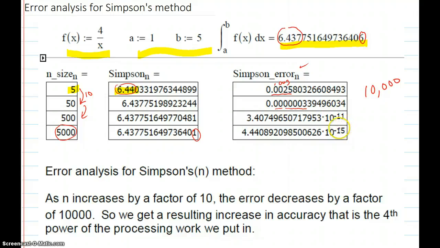Now it's at 10 to the negative 11th. So that would be 11 places here.